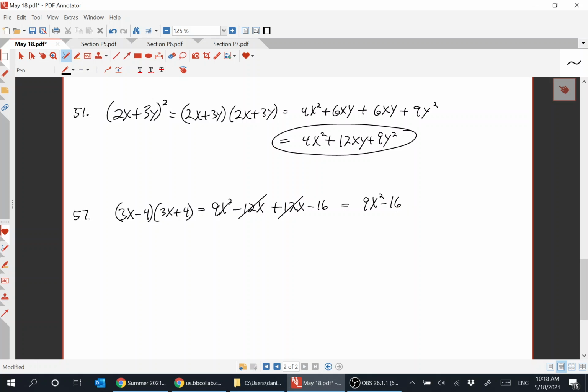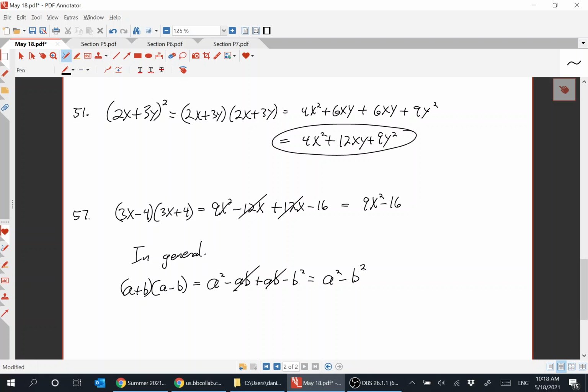So more generally, this is a formula to remember. In general, a plus b times a minus b, so this is an example of that, is going to be a squared minus ab plus ab minus b squared. And then these go away, and you have a squared minus b squared. Okay, so that's a standard thing that pops up every so often.